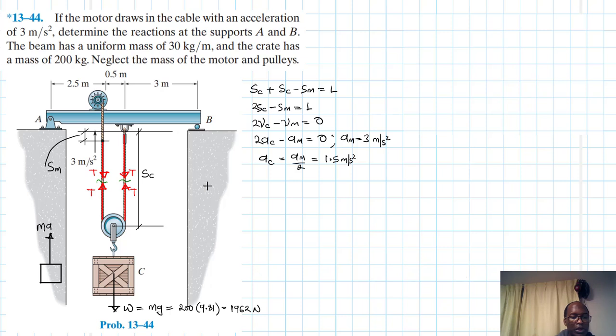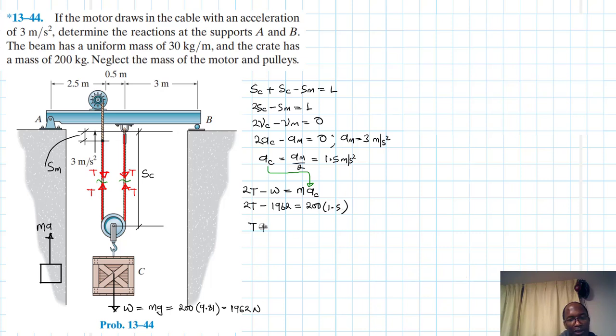So let's write down the equation of motion. We have 2T going up, minus W, equal to MA. W we already found: 2T minus 1962 is just going to be equal to 200 times AC, so we are just plugging 1.5 there.